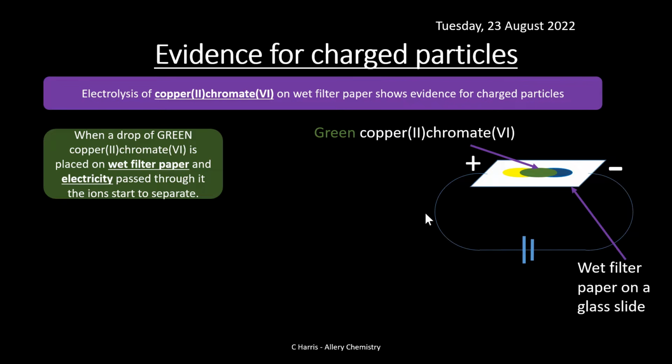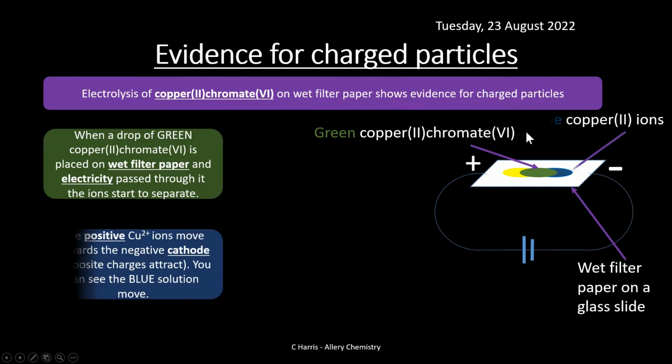You know that copper 2, again from topic 2, the Roman numerals tell us that copper has a 2+ charge, and obviously the chromate is 6 minus, which is here. So that's your chromate. When we switch the electricity on, hey presto, your copper 2 ions move towards the negative side, and copper 2 is blue, so you get this lovely blue colour that appears.